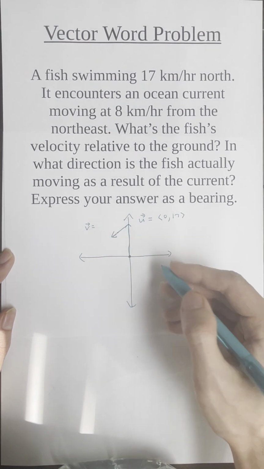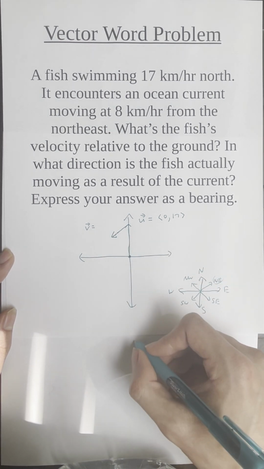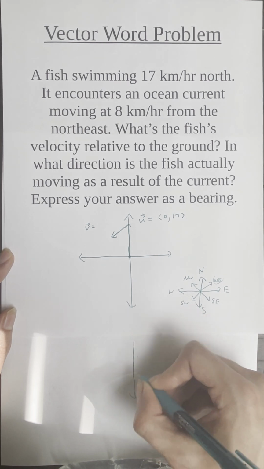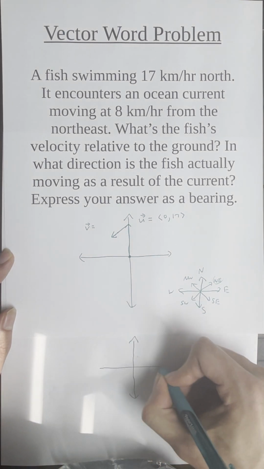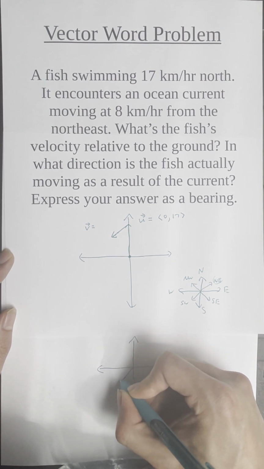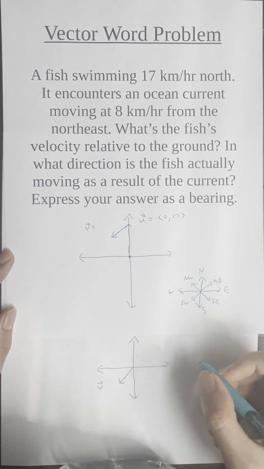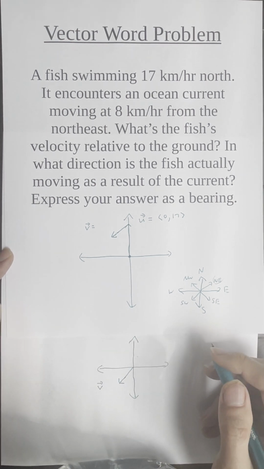How do we find the components of vector v? Well, I'm going to draw another diagram. Okay, so why did I draw another diagram?